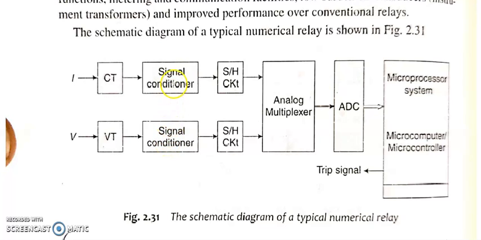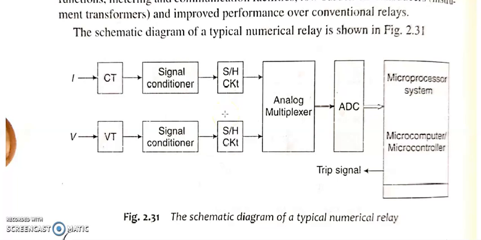The signal conditioner is the place which brings the analog signal toward the digitizer. It isolates the relay from the whole power system and reduces the input voltage to the equivalent voltage as per the sample and hold circuits.